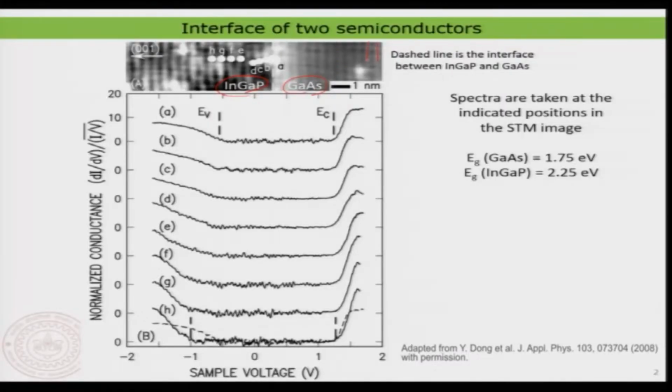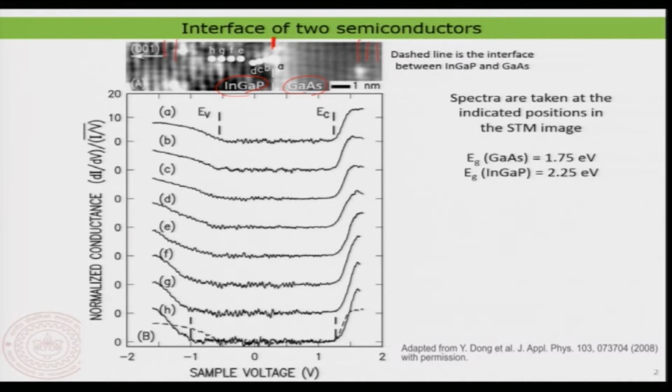These bright lines here are nothing but the gallium arsenide lattice, and in this region you are seeing the indium gallium phosphide lattice. And exactly at this point, which I am making a little darker, is the interface.